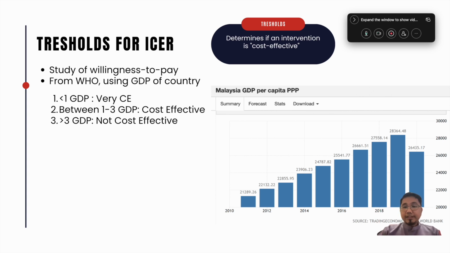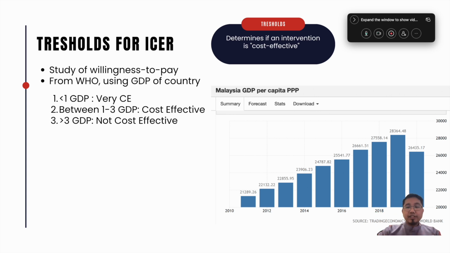But for the quality adjusted life years, the utility, we can use the guideline from the WHO that uses the GDP of the country. For example, say our GDP is 40,000. If the intervention is less than 40,000, it's very cost effective.